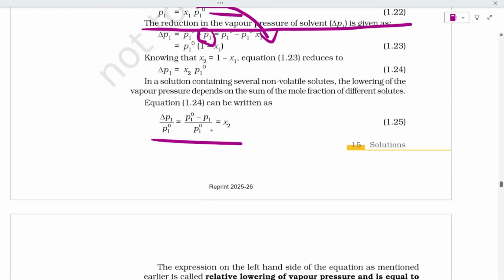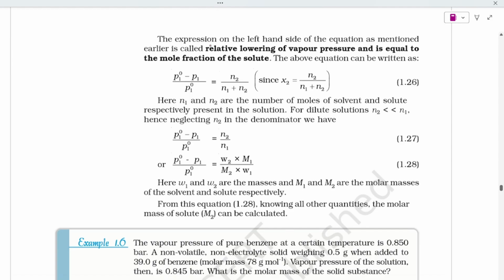In the same way if you write the fraction, the expression on the left hand side of the equation, as mentioned earlier, is called relative lowering of vapor pressure and is equal to the mole fraction of the solute. P1 naught minus P1 divided by P1 naught is equal to N2 divided by N1 plus N2, because X2, the mole fraction, is equal to N2 divided by N1 plus N2.